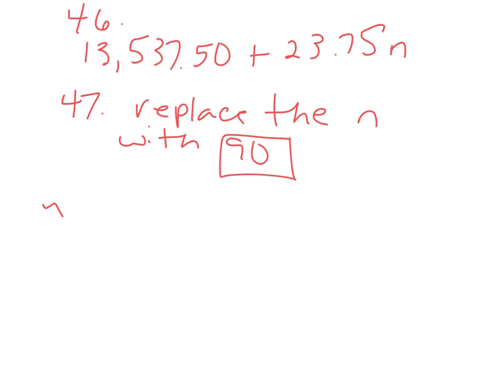In all of these, we were trying to figure out the weight. Even 45, we actually had a W equals. 46, we're going to have a W equals. 47, we're going to have a W equals.